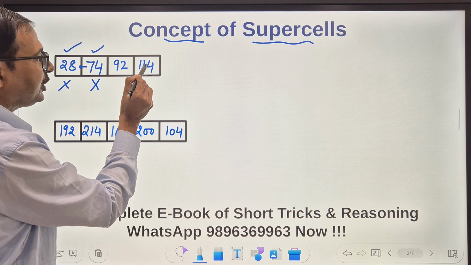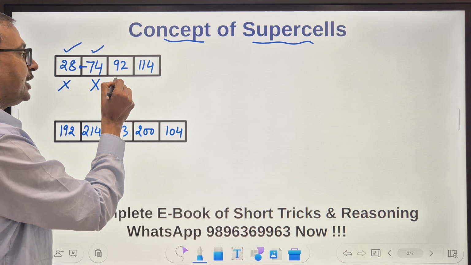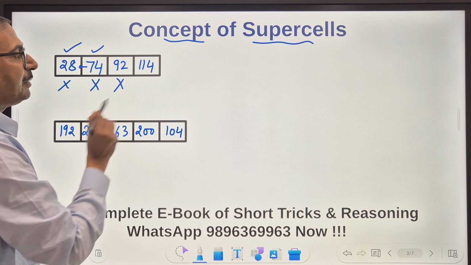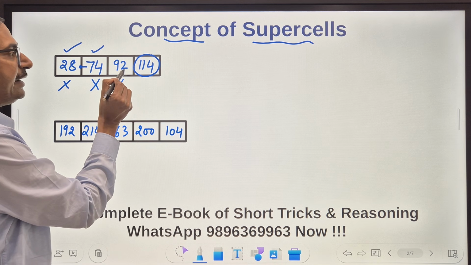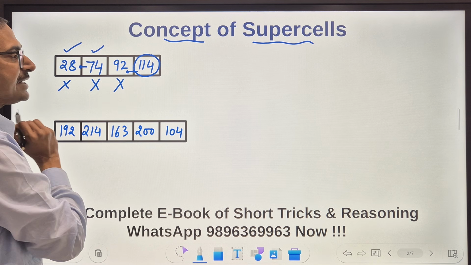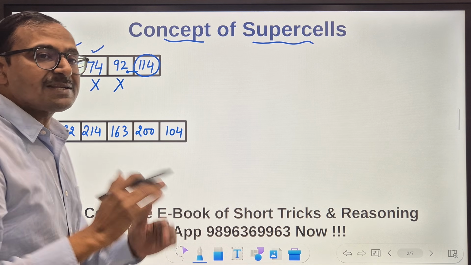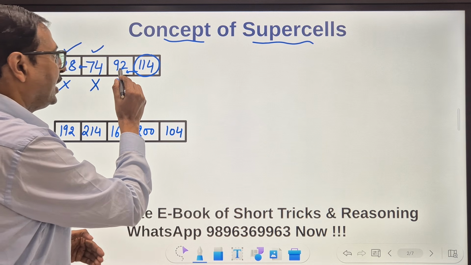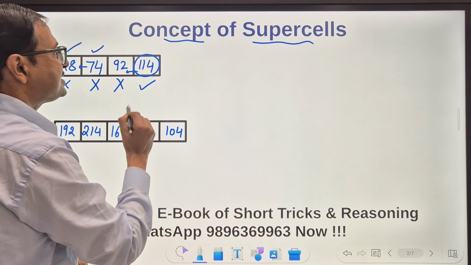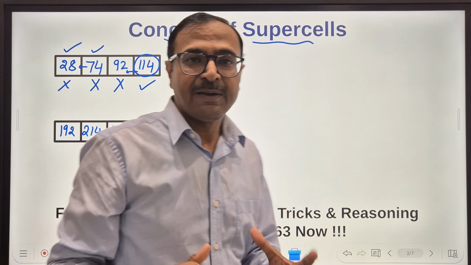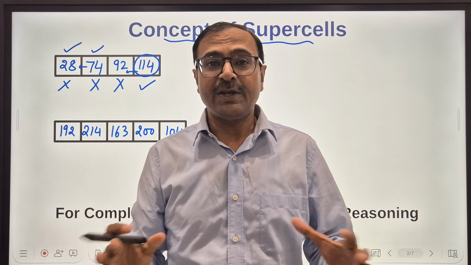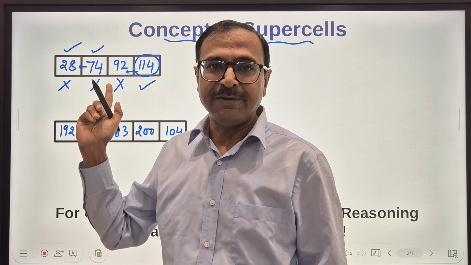On the right of 92, I have 114, so 92 is also not a supercell. But if I check 114, it has only one neighbor, on the left hand side, and that neighbor has a smaller value, 92, and therefore 114 is a supercell in this grid, and there is only one supercell in this grid.